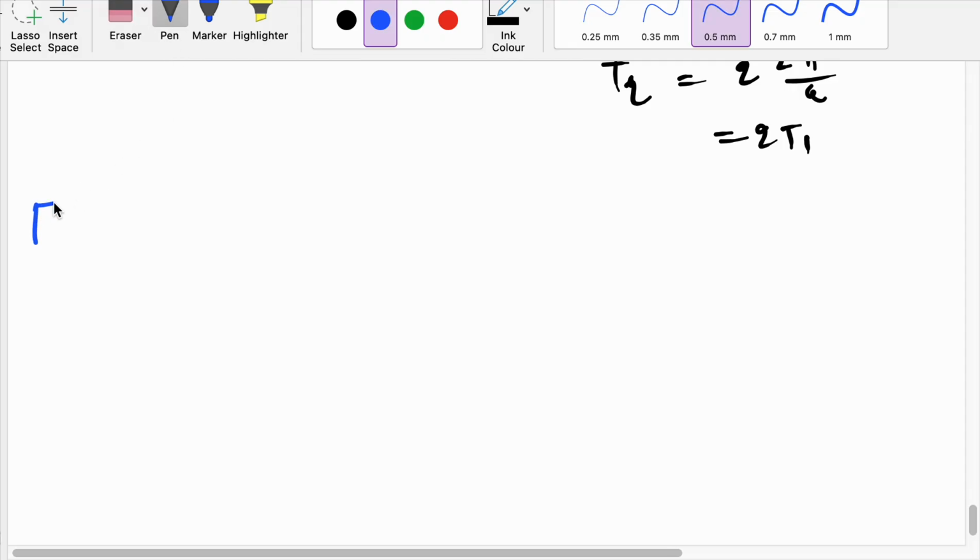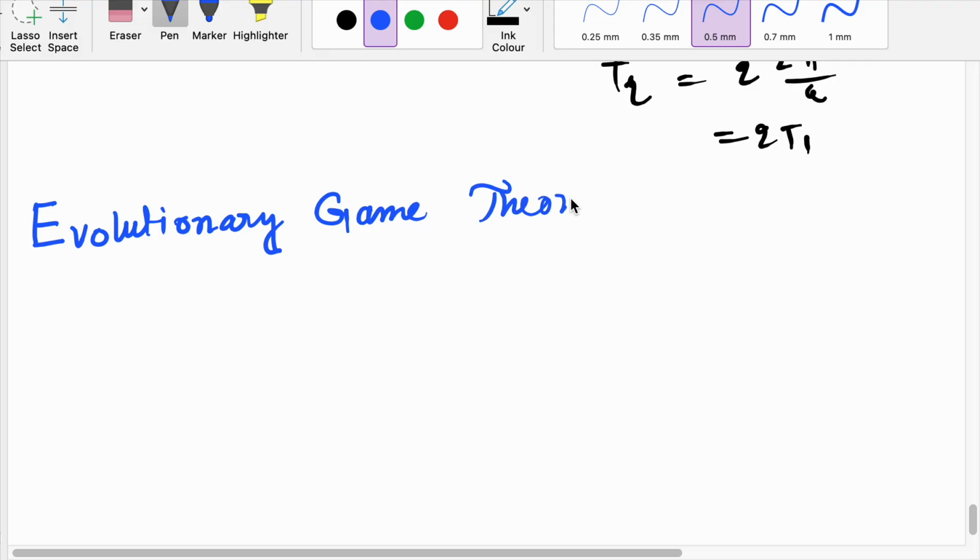Let's go to evolutionary game theory. Keeping all those things in mind, let's go back to our main topic, evolutionary game theory.